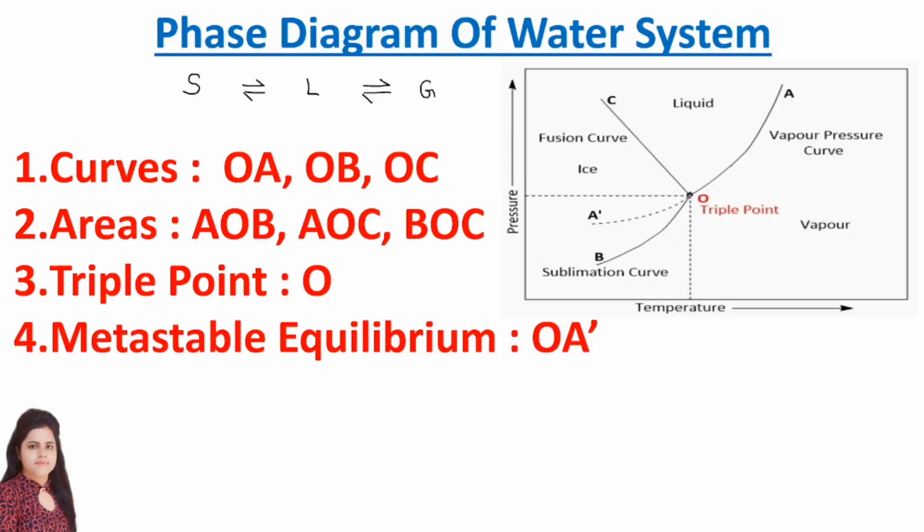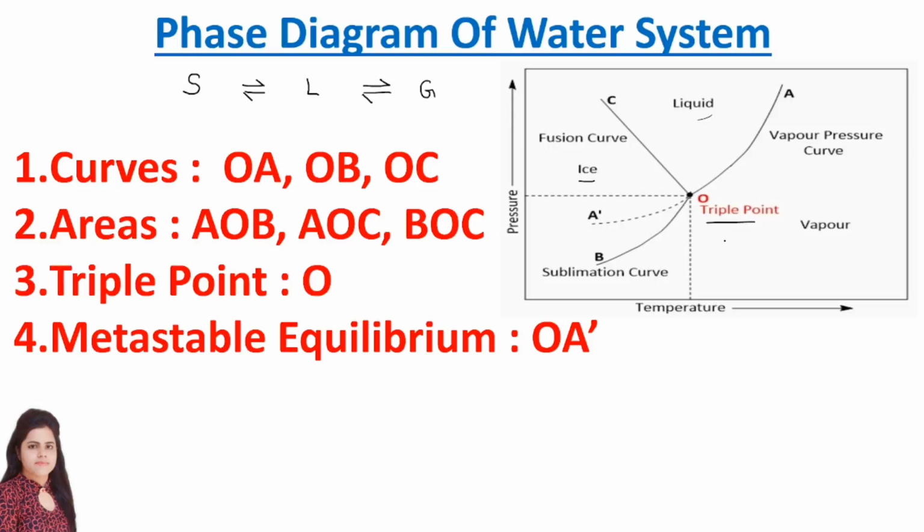We have some areas: area AOB, where water is present in the vapor state; area AOC, where water is present in the liquid state; and area BOC, where water is present in the ice state. Then we have the triple point, where the three states coexist. All the states can exist here. It is called the triple point.